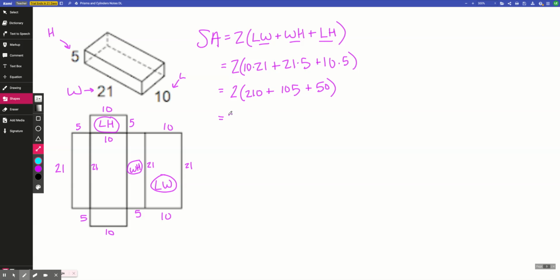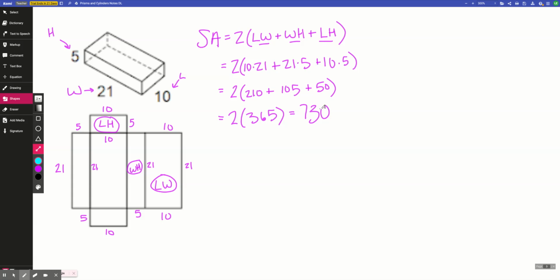I'm going to add all of those values together. So 210 plus 105 is 315, plus 50 is 365, and then I just have to multiply that by 2. Right, so 365 times 2 is 730.